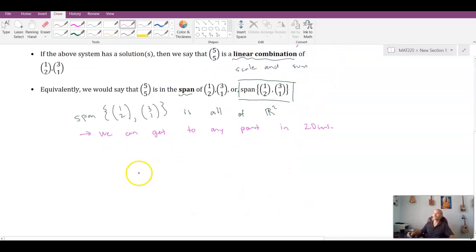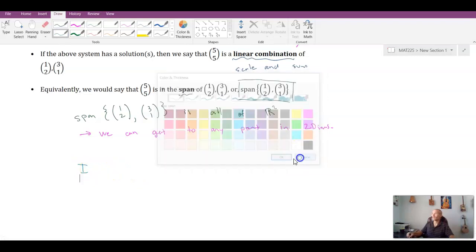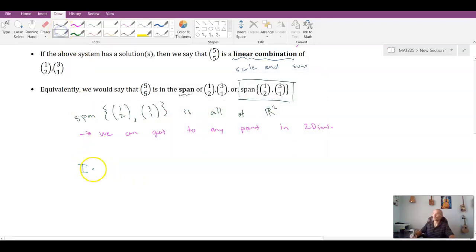So in general, let's think about the general system that we have. This is kind of where everything comes together. We can say that if we have a system that looks like this, our coefficient we'll call A11.